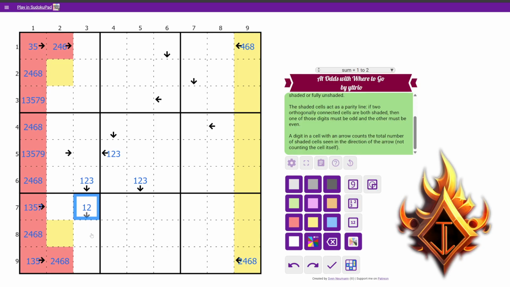If this is 1, this cannot be red, because that would be yellow. We cannot have a checkerboard and a yin-yang. So that would be red. And if it's 2, obviously that one is red. So that one is red, no matter what digit that is. Now this cannot be 1. And now I am back to my original.